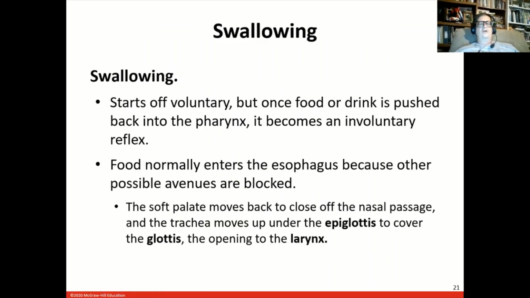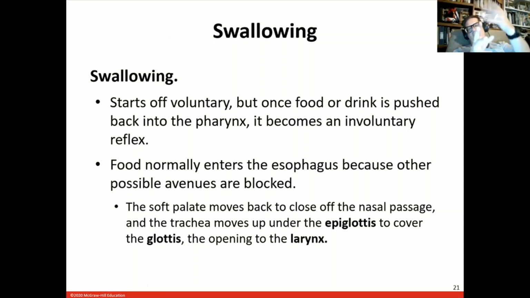When you swallow, you start out doing voluntary movement with your tongue and your upper esophagus, but once it is pushed back into the pharynx, this is involuntary. In other words, when you start that peristalsis of a swallow, you don't halfway through say, oh, I'm done, now I'm not going to swallow. It goes all the way down.